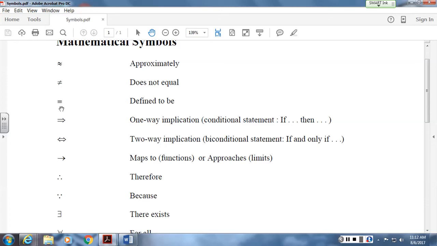This is defined to be, it's 3 bars. It is not equivalent to the equal sign. In fact, in all the mathematics courses I've taken, I have only seen this symbol used once. There are occasions when some mathematicians might define, for example, factorials.